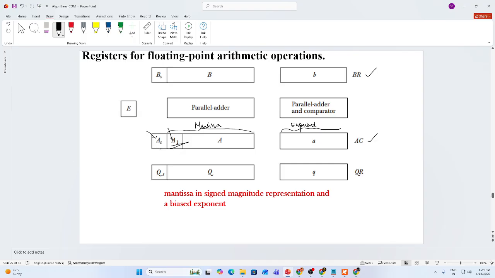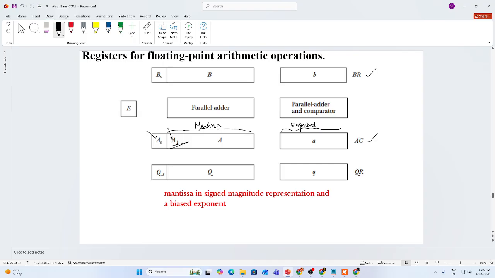Similarly, another register for storing another floating point number is BR, the entire floating point value, in which capital B is the mantissa, B subscript S is the sign, and small b is the exponent. This is the provision for storing another floating point number.